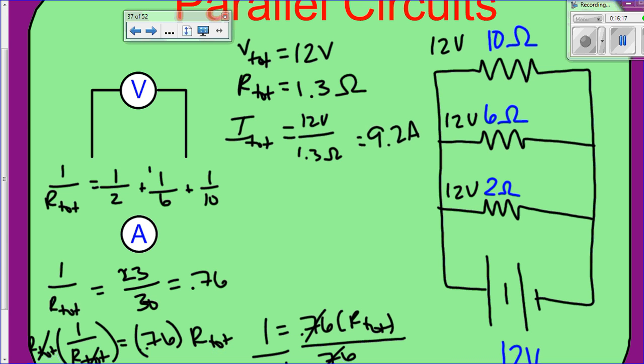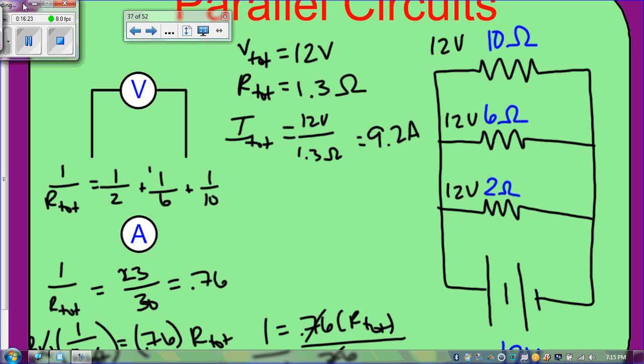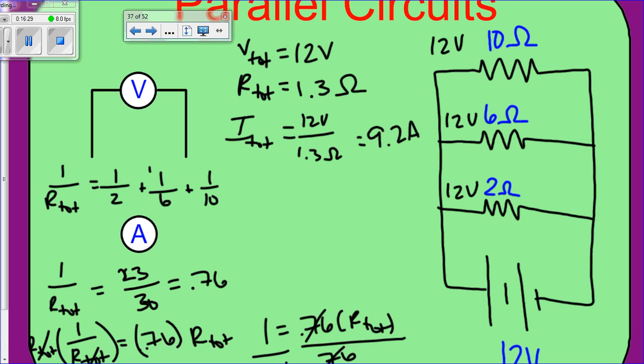We can now use this information to figure out what the current is at each of those individual resistors. Remember, current is found by taking voltage divided by resistance. That's Ohm's law. So let's do it for this first one up here.